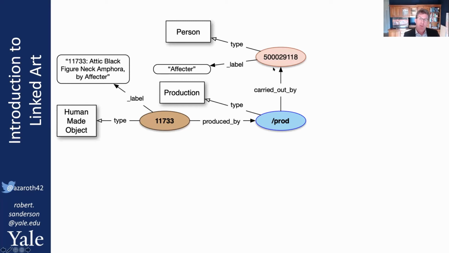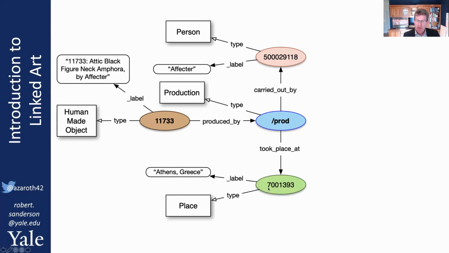If you were to dereference this URI, you would get a lot more information about them. In beta testing at Getty at the moment, there is a linked art representation as well as the current more vocabulary focused representation. It took place at a place, TGN 7001393, which happens to be Athens, Greece, and the same applies: if you were to dereference that place, you would get more information about it.